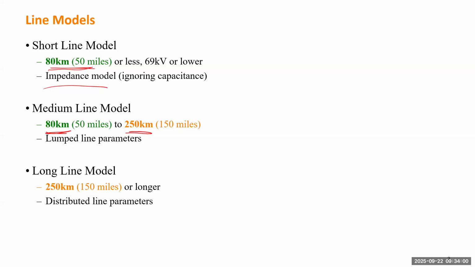For the medium line model, we can use a lumped line parameter, which means if we need to consider resistance, reactance, or shunt admittance to the ground, you can treat those parameters together as just a single element connected somewhere to the line. The location doesn't really matter.